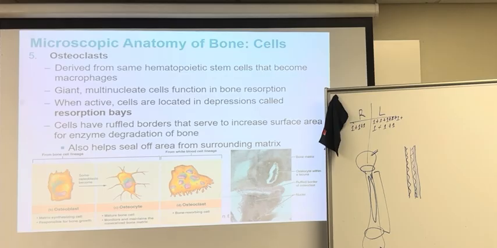So one more time, how many bone cells we have in our body? 5. Number 1 is the stem cell. What is the name of that? Osteoprogenitor cell or osteogenic cell. And then osteogenic cell produces osteoblast, which is developing and produce what? Secrete osteoid, right? And give rise to osteocyte.